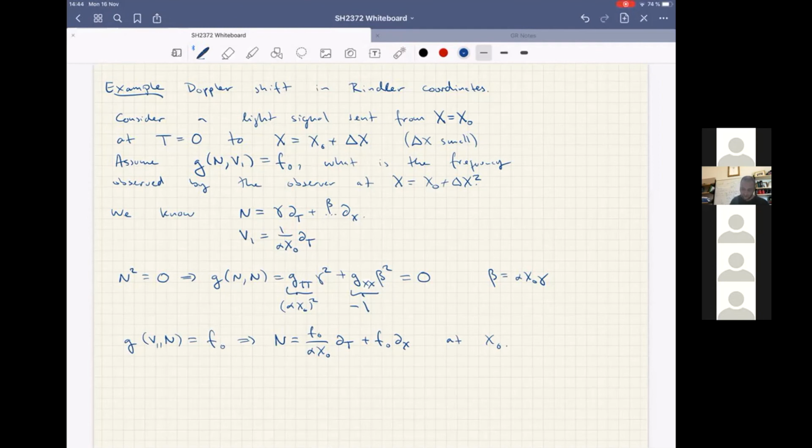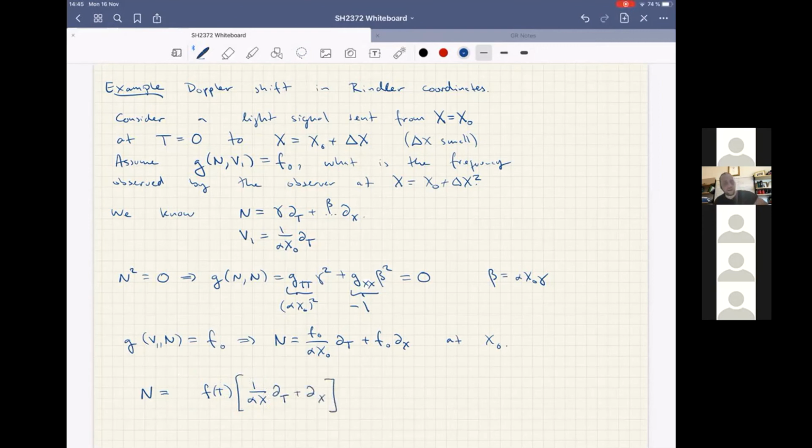And that means that I am going to be able to write this 4 frequency generally as 1 over alpha x times some function of t, and let's call it f of t. Let's do the following: some function f of t times dt plus dx.